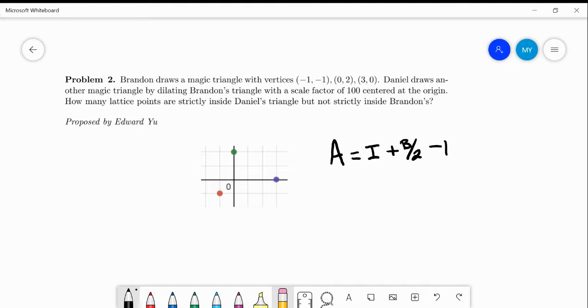So this is really useful because it helps us solve the problem. So let's see how this does that. We're going to count the number of lattice points that are strictly inside Daniel's triangle, but not strictly inside Brandon's.